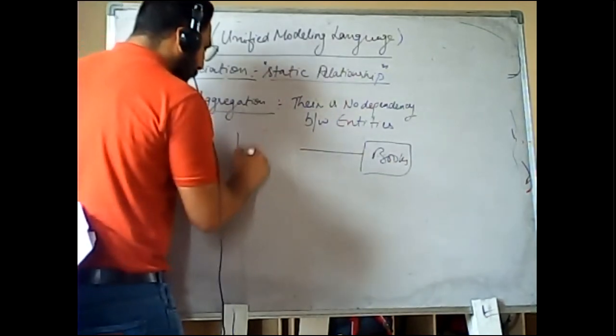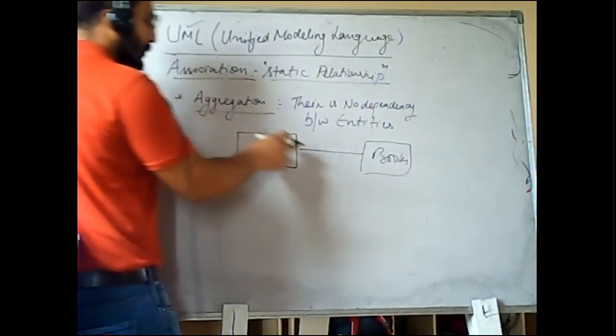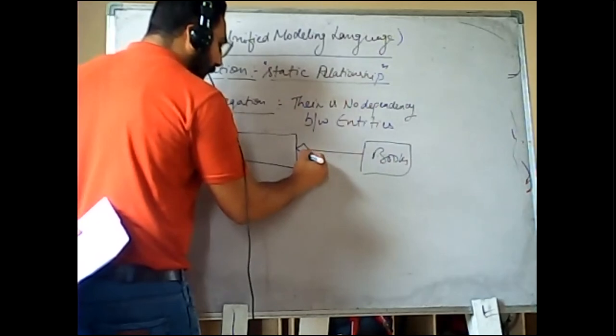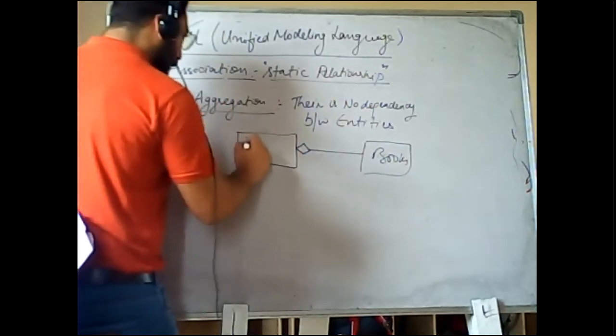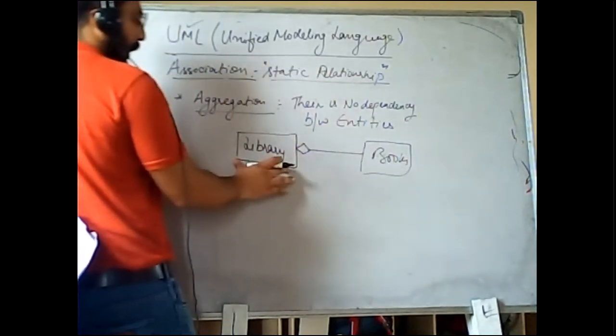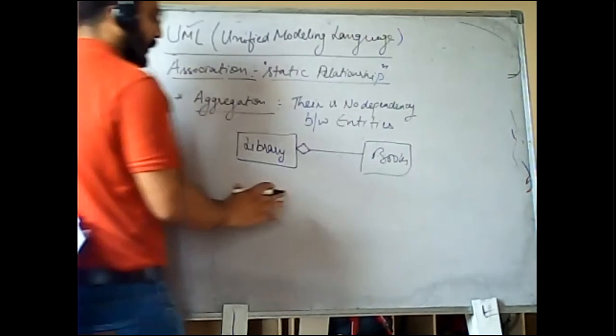I am saying that you use an aggregation when there is no dependency between the entities. The library entity and book entity are not dependent on each other.